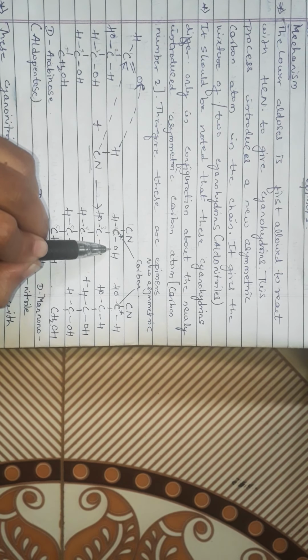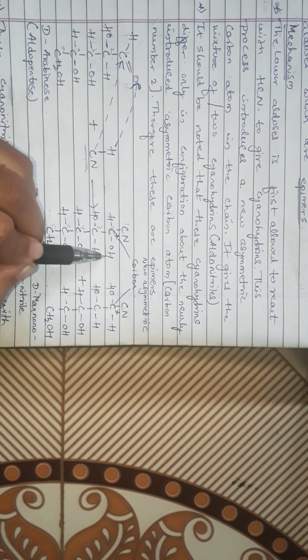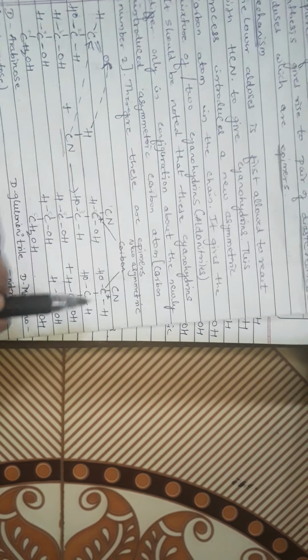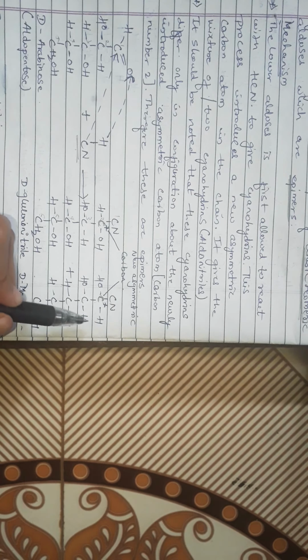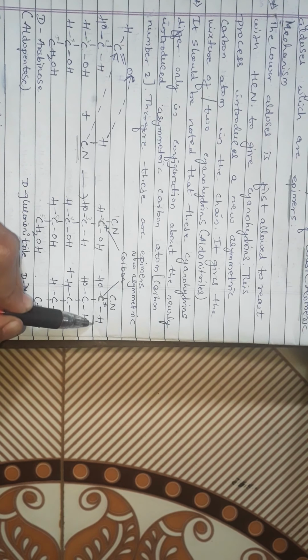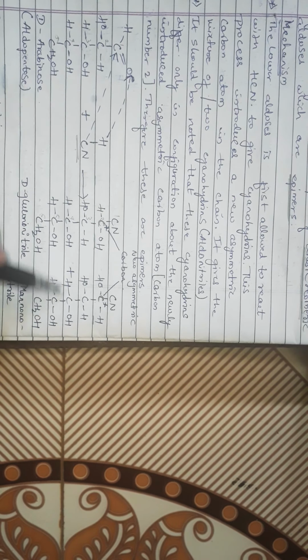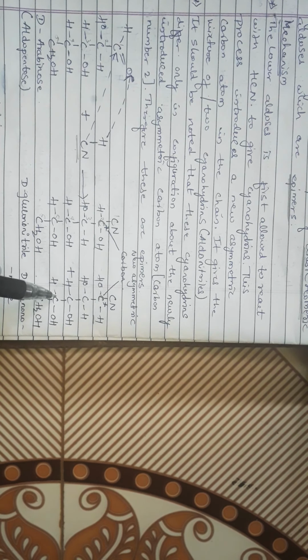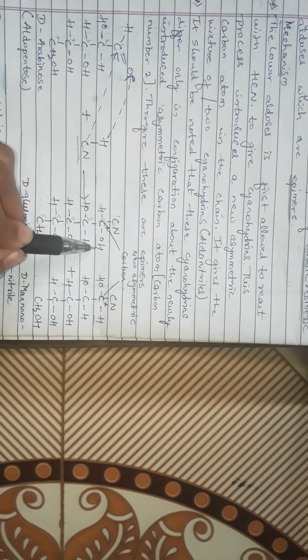Here, on the right hand side there is a hydroxyl group, but here on the right hand side there is only hydrogen. Means what? Both have the same structural formula but differ in their arrangement.